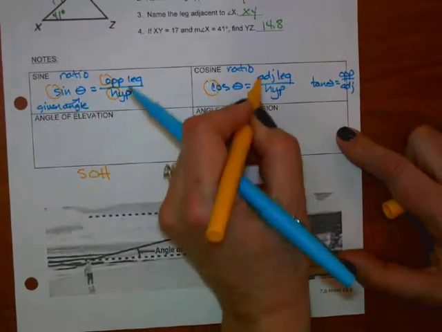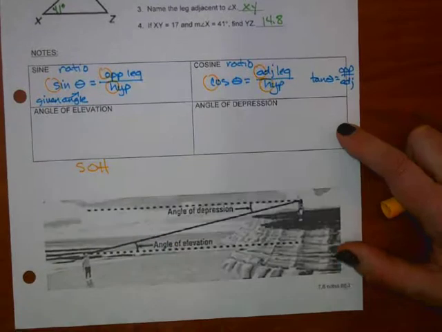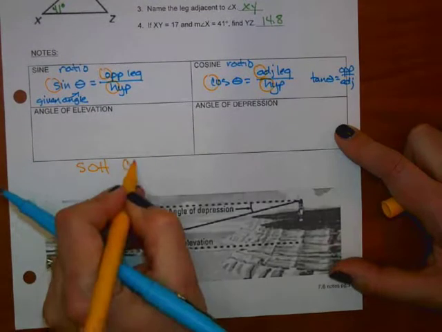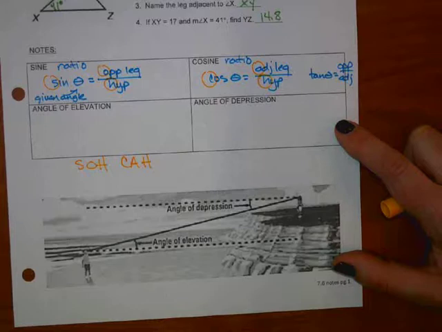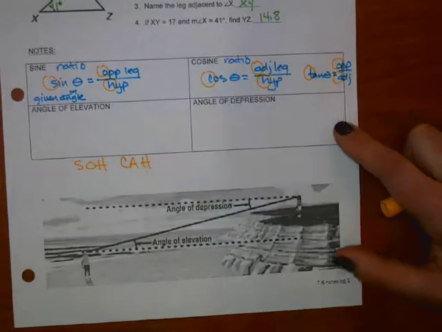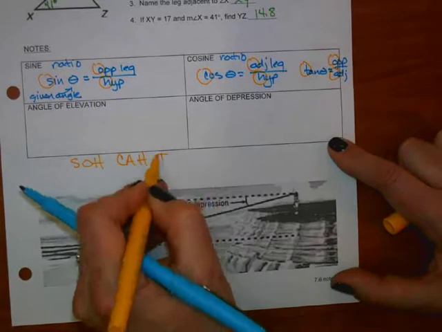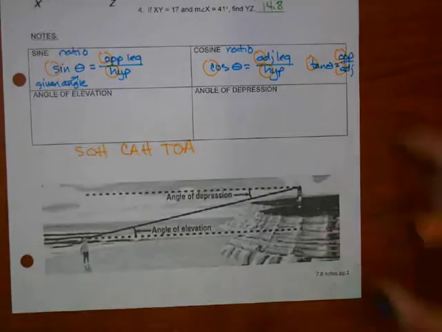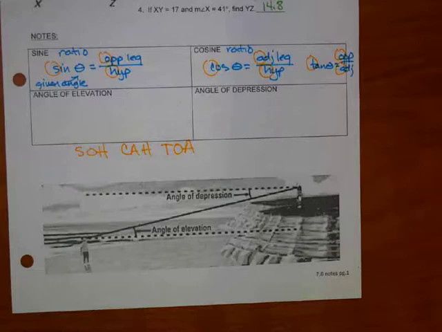And then look at this, C-A-H, Ka, and then T-O-A. Say it with me, So-Ka-Toa. It's kind of got a ring to it. SOHCAHTOA. It will help you remember these forever.